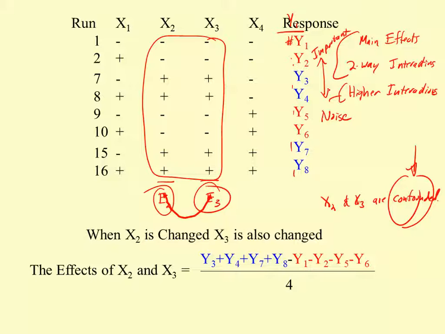So when I confound the main effect of, say, x4 with a four-way interaction, and I calculate that effect, I'll say, okay, that effect represents the main effect of x4 plus whatever that four-way interaction is doing. Well, we'll assume the four-way interaction isn't doing anything, and we'll have a pretty good idea of what the main effect of x4 is.